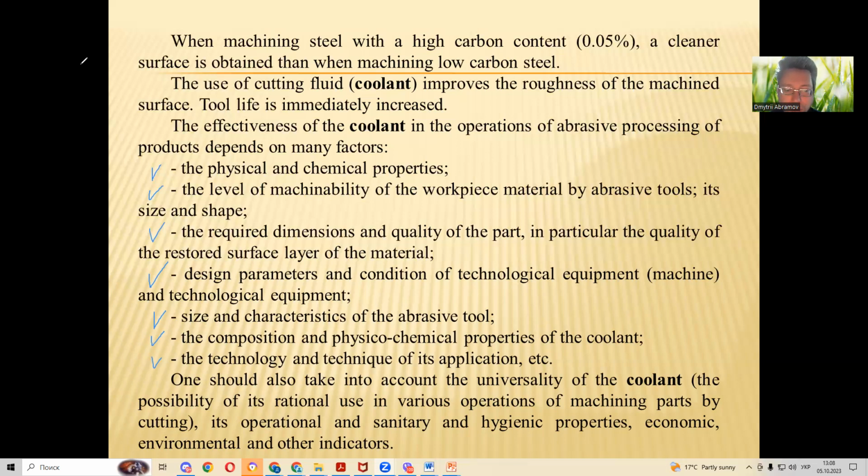One should also take into account the universality of the coolant, the possibility of its rational use in various operations of machining parts by cutting, its operational and sanitary and hygienic properties, economic, environmental, and other indicators.